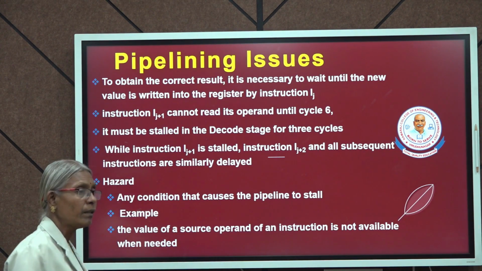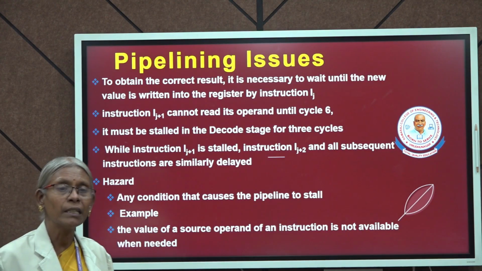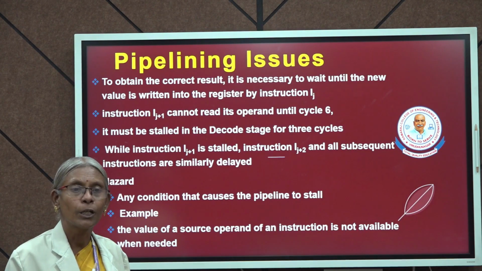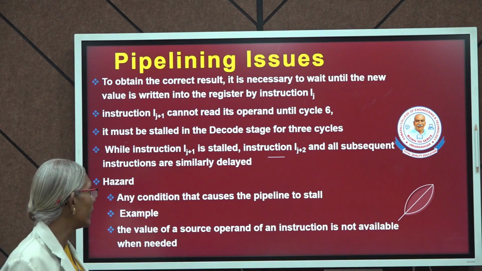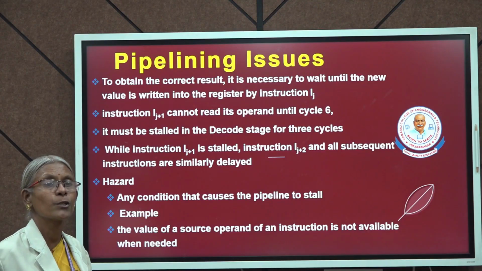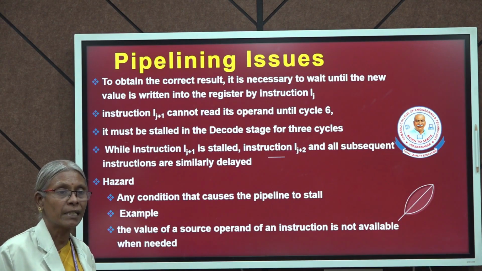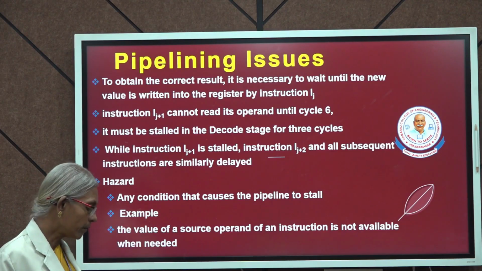One example: the source operand of one particular instruction is not available during the computation. There is no other way for the instruction to proceed, so it has to wait, that is, stall. This is what is called a hazard.